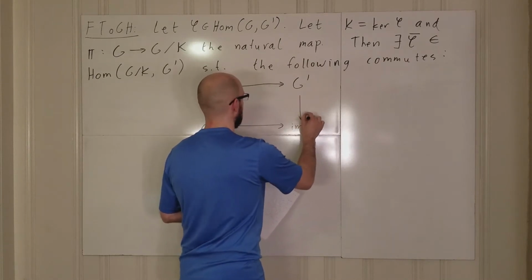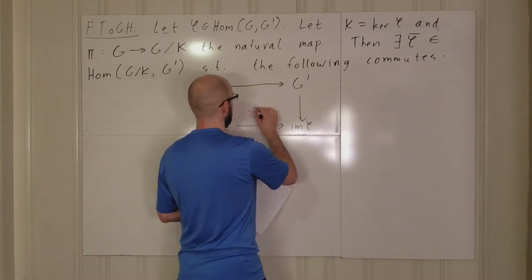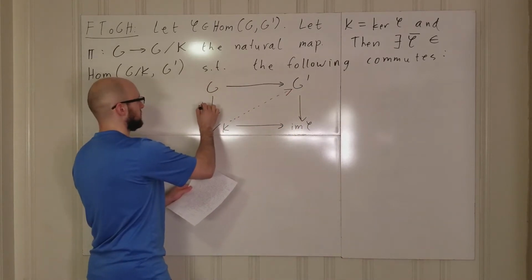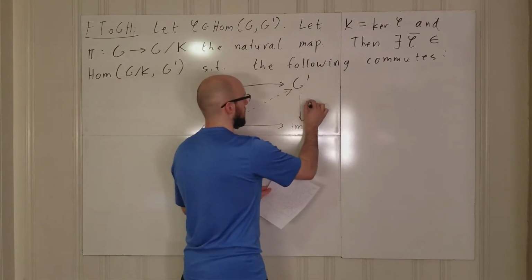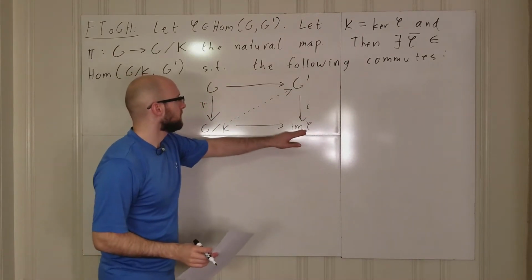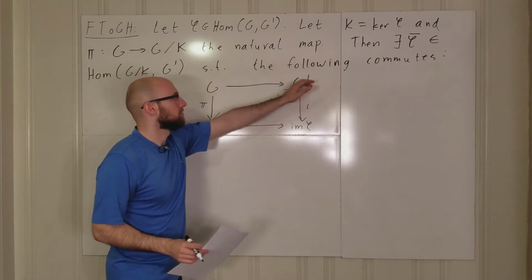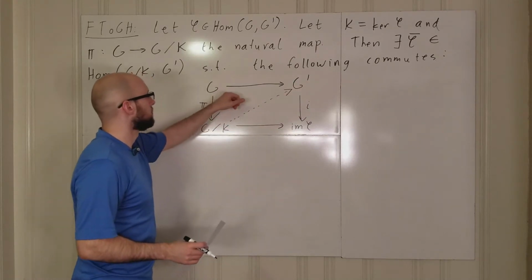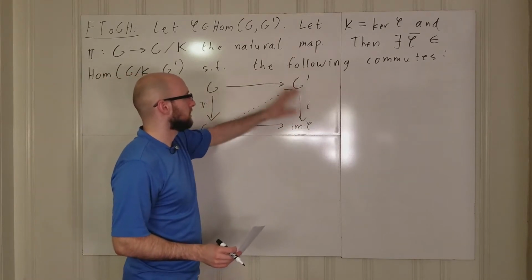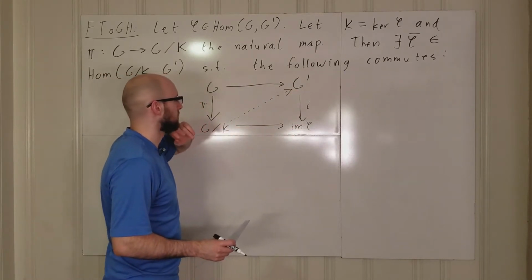So we have these maps. This is pi, and this is I. This is the inclusion map, because the image of phi is a subgroup of G prime. And so what we're doing is considering the inclusion map that will send.